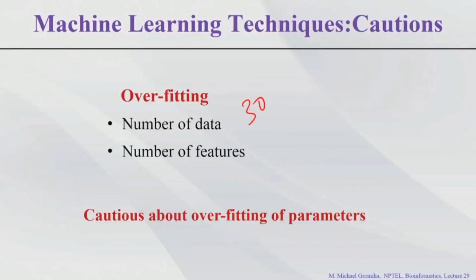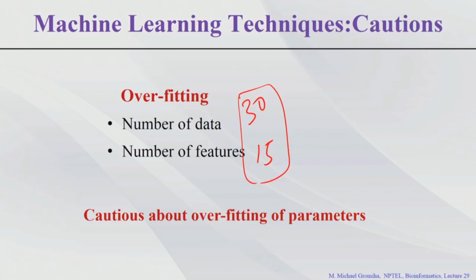If we see the number of data, for example, we have 20 or 30 data and we fit with 15 features, we will get good results. You will see the accuracy, sensitivity, specificity, ROC, and you can get very high values, but this will not work for new data, because here you have 30 data fitted with 15 features.